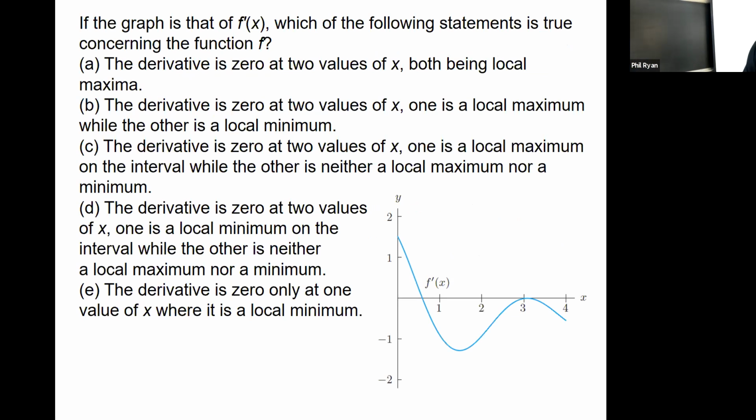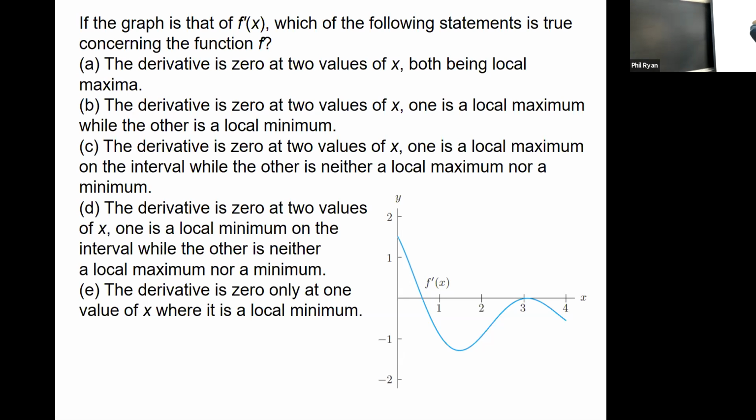What can you conclude from the graph of the derivative? Would it be B? B. Okay, the derivative is 0 at two values of x, here and here. Very good.